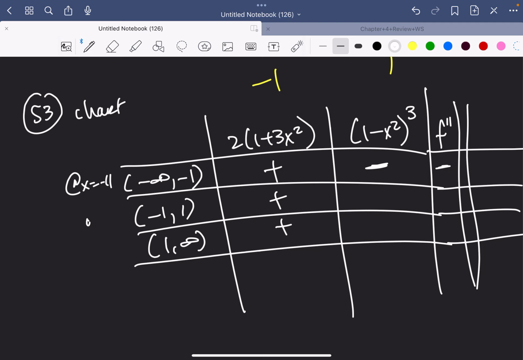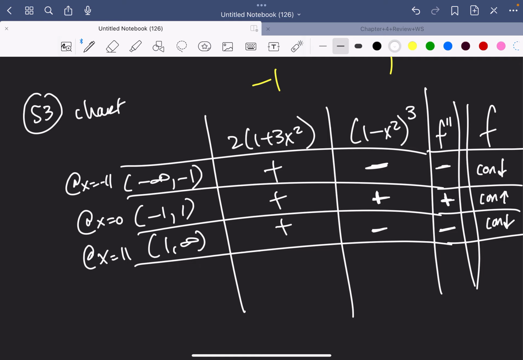If we put in something like here, 0, always a great choice, we're going to end up getting positive. And then inside here at x is equal to maybe 11, we're going to get negative again. So our second derivative is negative. So that means that f goes from concave down to concave up to concave down.